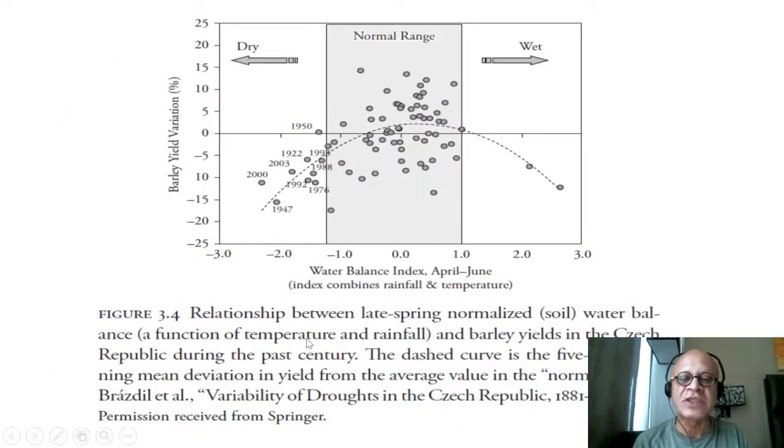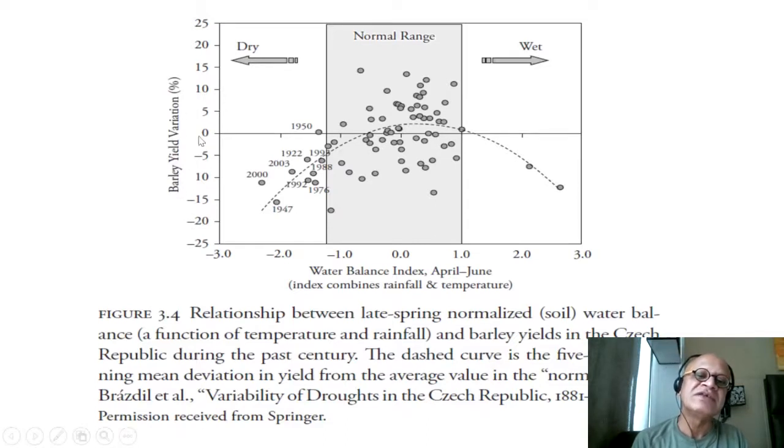This is now the relationship between late spring normalized soil water balance, a function of temperature and rainfall, obviously, and barley yields in Czech Republic during the past century. The dashed curve is the 5-year running mean, so it's a low frequency signal. Running mean deviation in yield from the average value in the normal range.